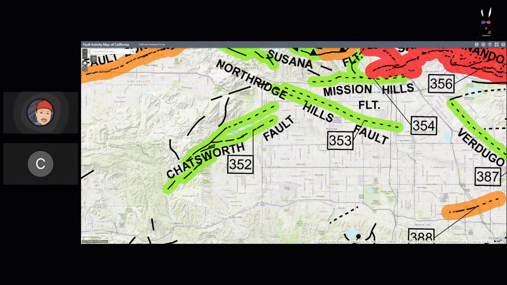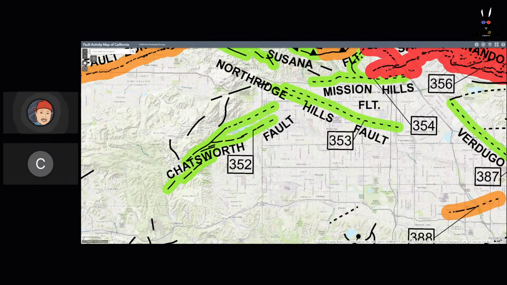Yeah, and so they have a Northridge thrust. These dotted lines are what they think. They're not solid, so they're not faults yet. The Chatsworth fault you can see right here. The certain faults are the strong lines.